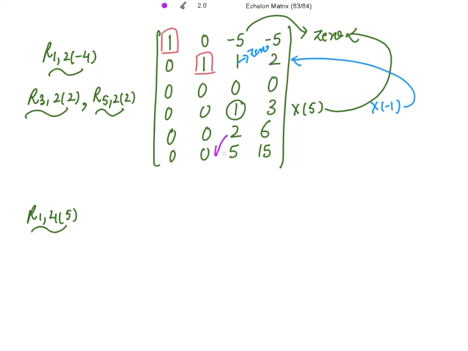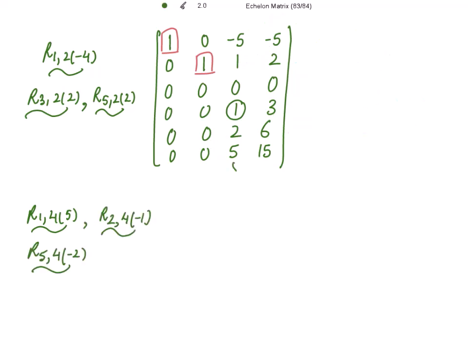Then, to get 0 in place of this 2, we multiply the row 4 with -2 and adding its elements to the fifth row. And at last, to get 0 in place of 5, I multiply the same row with -5 and adding its elements to the last row.